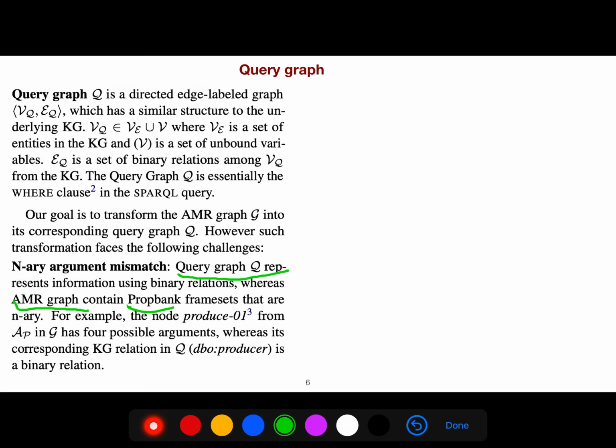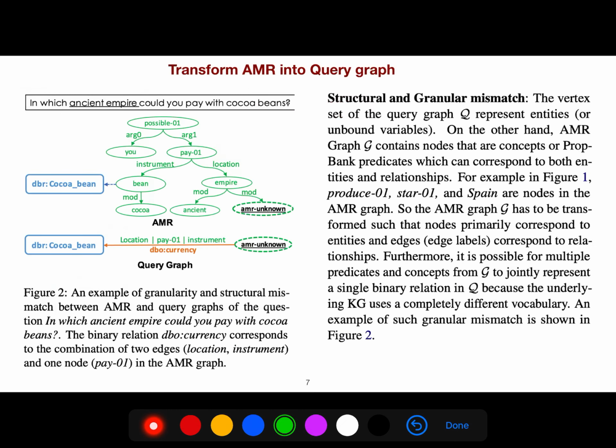So how do you match them? So there is a mismatch, a natural mismatch. For example, node produce-01 has 4 possible arguments, whereas its corresponding knowledge graph relation is a binary relation.